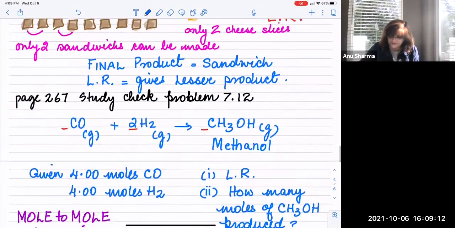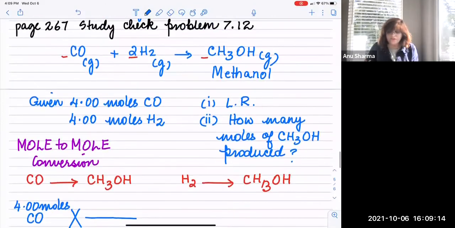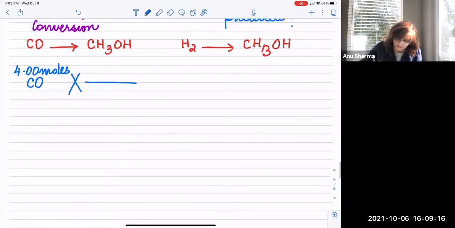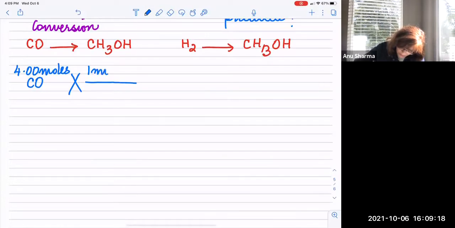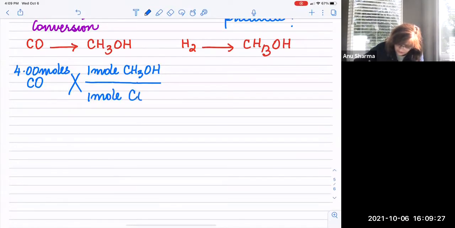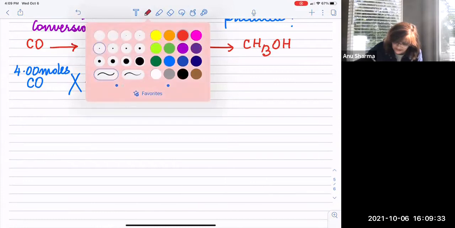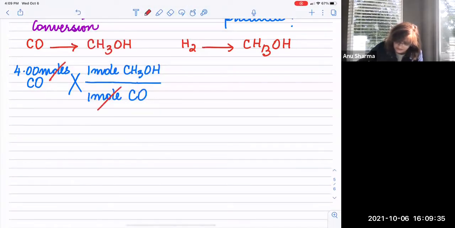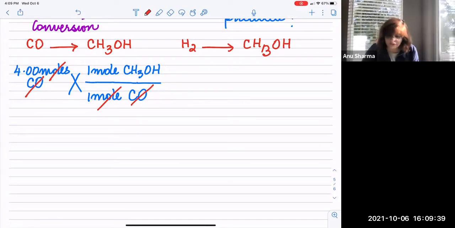So from this equation, we see that 1 mole of carbon monoxide is giving you 1 mole of methanol, CH3OH. And then the next is the 1 mole of carbon monoxide. Okay, and you stop here. So when you see that the moles of carbon monoxide and the moles of carbon monoxide cancel out, you're left with just the moles of methanol.